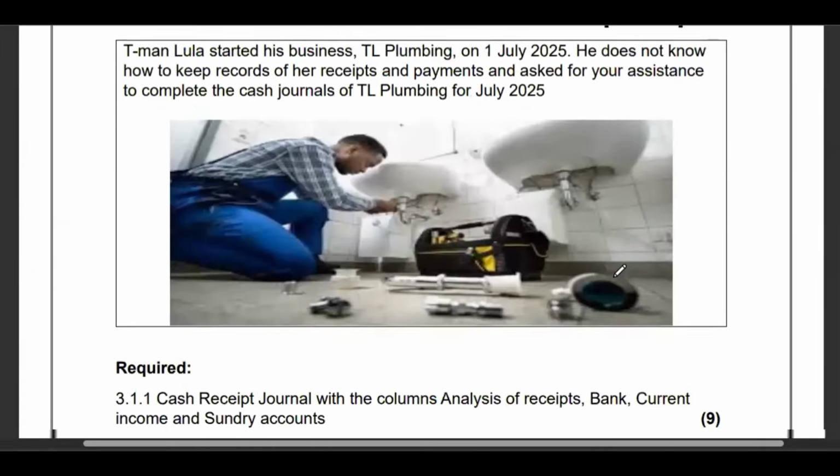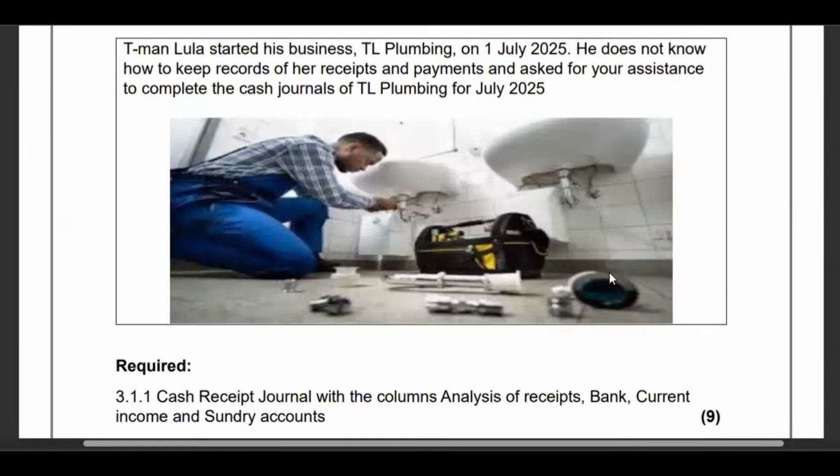And then question 3. T-Man Lula started business, TL Plumbing, on the 1st of July 2025. He does not know how to keep records of her receipts and payments and asked for your assistance to complete the cash journals of TL Plumbing for July 2025. Okay, so what did they do?